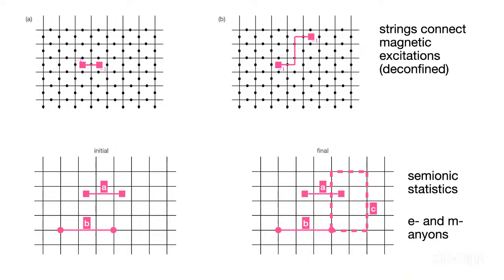Now, what happens if I braid, if I move, say, an E excitation around an M excitation? When I do this, and you see this loop C, then this one goes around this one, your wave function will pick up a minus sign. It's as if it's a fermion. So these are semionic statistics. And one refers to these two excitations as the E anyon and M anyon.